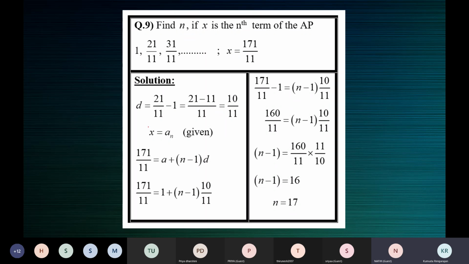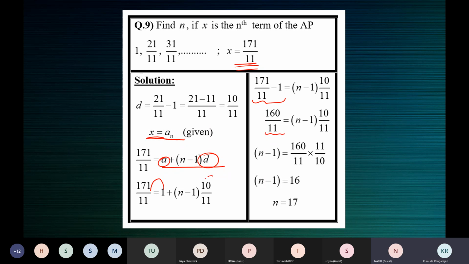So x is the nth term, so x is equal to an. X is given, 171 by 11 is equal to an, or a plus (n minus 1) into d. Then substitute the values of a and d. A is 1 and d is 10 by 11. Simplify carefully. This 1 goes to the other side as minus 1, and that becomes 160 by 11.